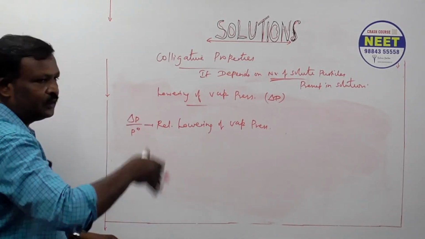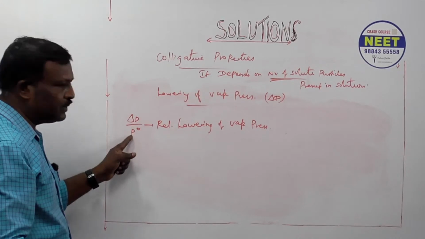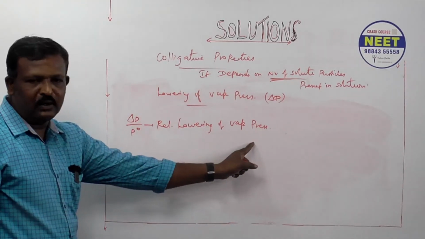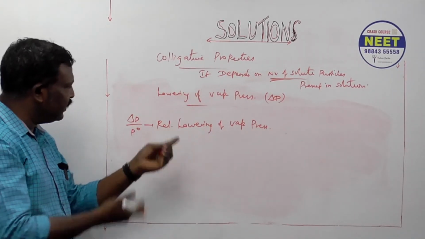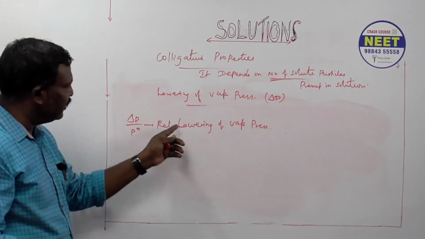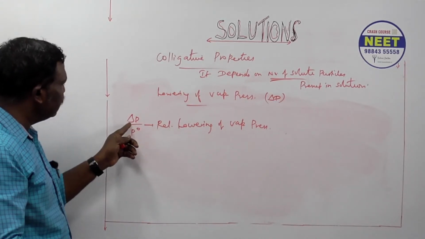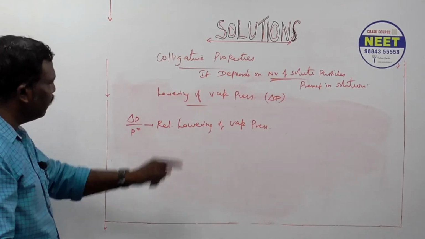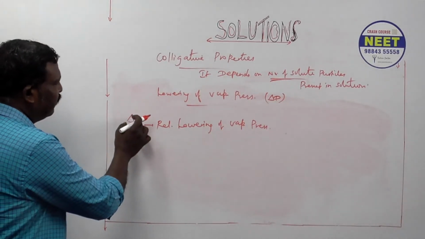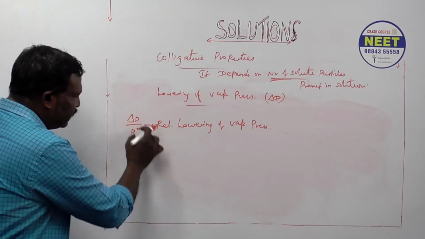Relative means we have to relate the two quantities. That's called relative lowering of vapor pressure. It's a ratio between lowering of vapor pressure and vapor pressure of the solvent.